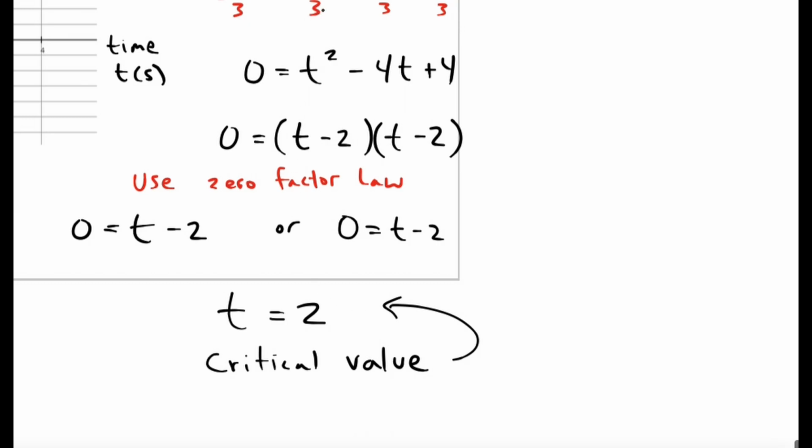It is the possible location of a local max or a local min, but not every critical value ends up being an actual local max or local min.